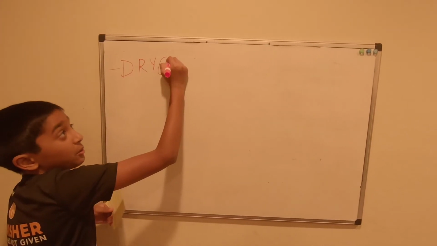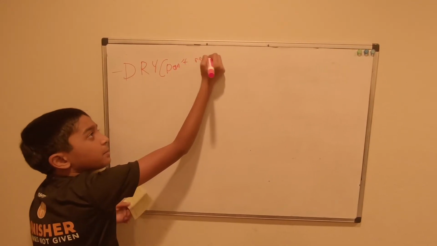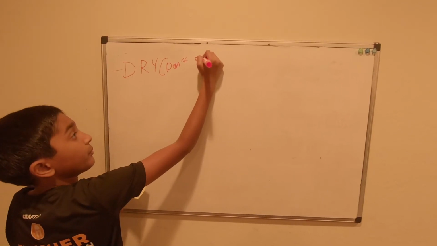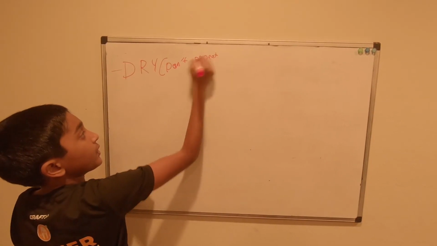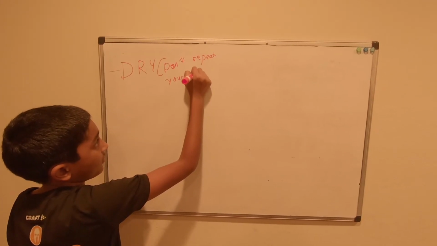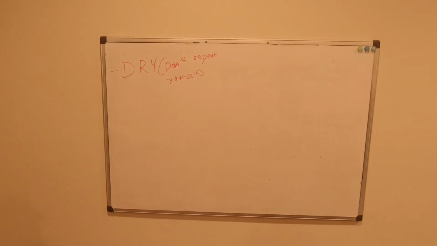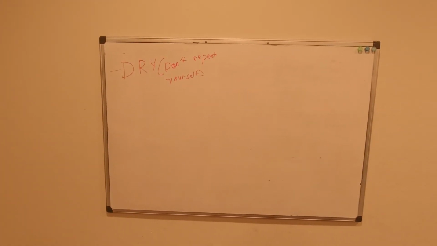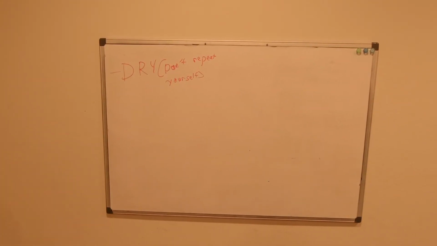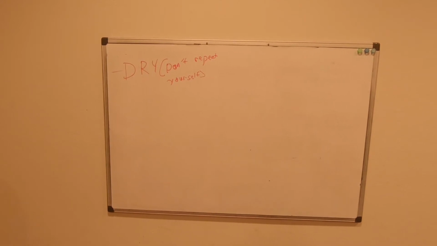And it is don't repeat yourself. This is super duper important because if you keep on repeating yourself and you want to change the thing that you repeated, you have to change it at 10 places.